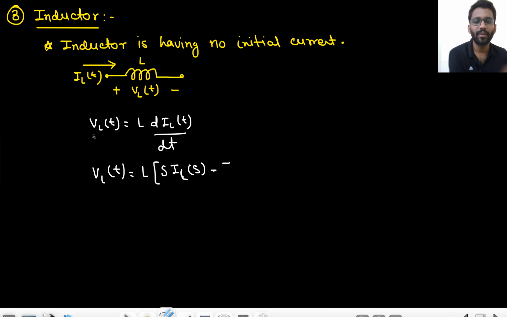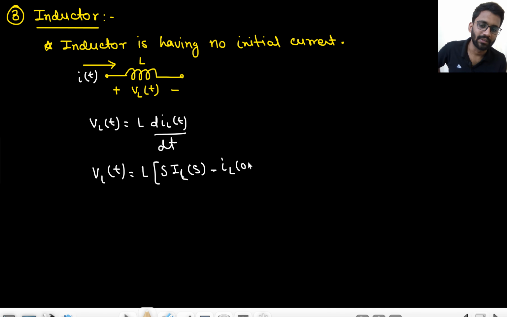Actually, in the time domain I should have written in small letters, because the Laplace transform is written in capital letters. So the Laplace transform will be IL(s) S minus IL(0), and the initial value goes to 0. This is not vL(t), this is the Laplace transform I am taking.